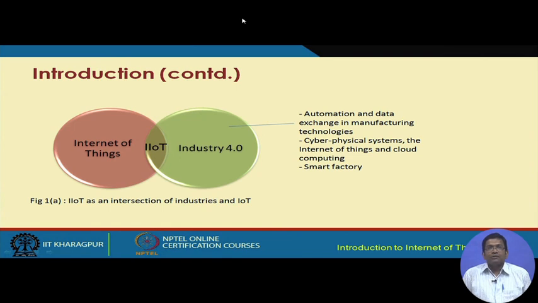Industry 4.0 tries to improve automation and data exchange in manufacturing technologies, incorporating concepts from cyber physical systems, IoT, cloud computing, and so on. What we have essentially is the well-known smart factory. So IIoT takes some features from conventional IoT, some from Industry 4.0, and tries to have a separate vision and technology for itself.